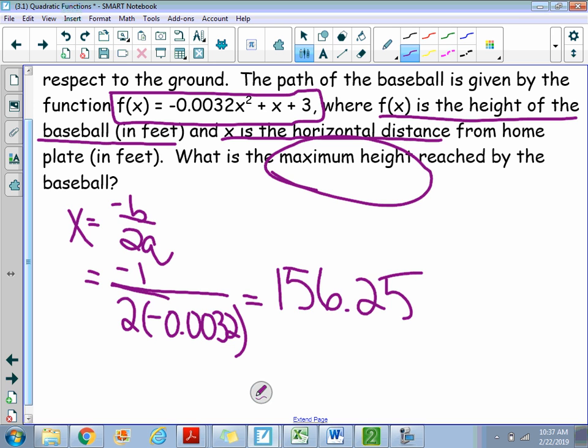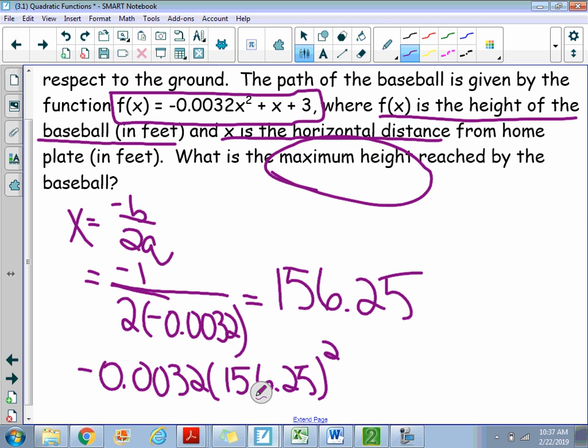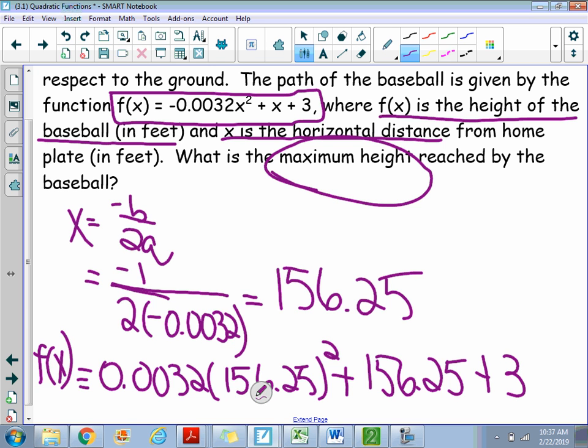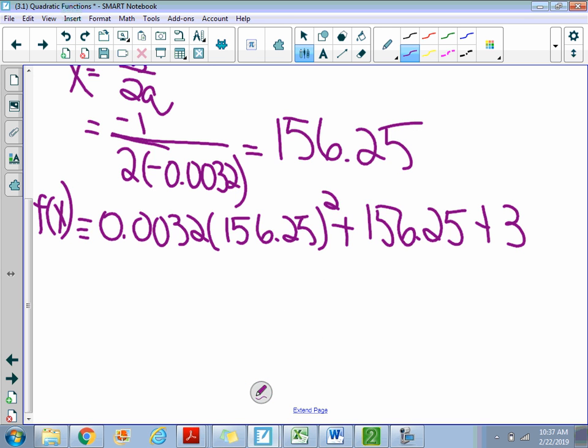So if you plug in your 156.25, we have negative 0.0032 times 156.25 squared plus 56.25 plus 3. You guys plug that in for me and tell me what you pop out with.